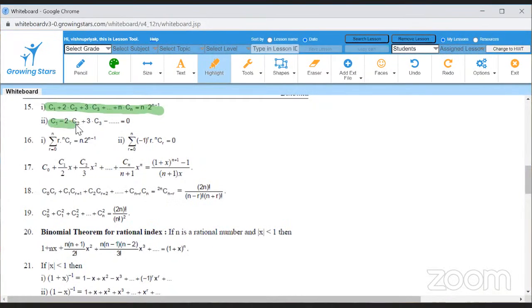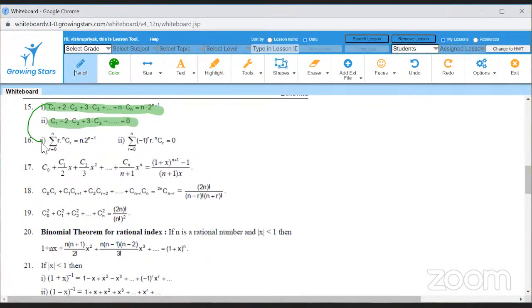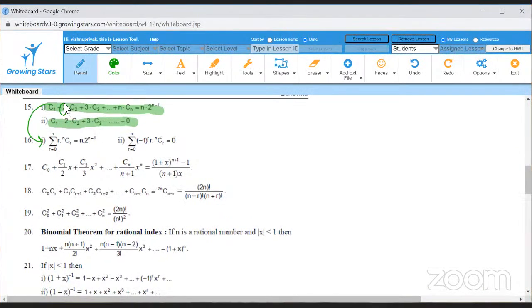C1 minus 2 C2 plus 3 C3 minus ... will be zero. The same thing we write in shortcut form: r multiplied by nCr.